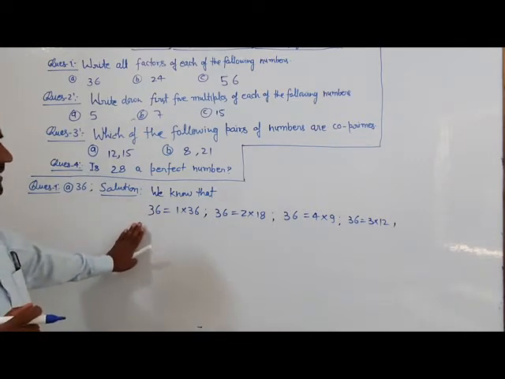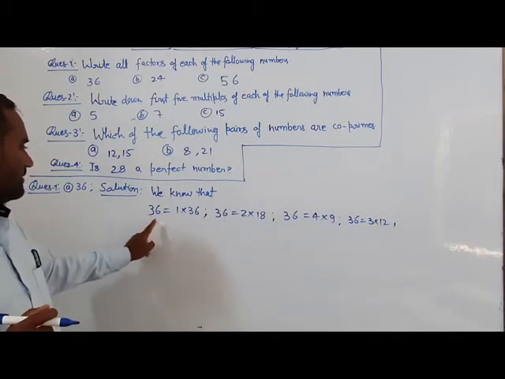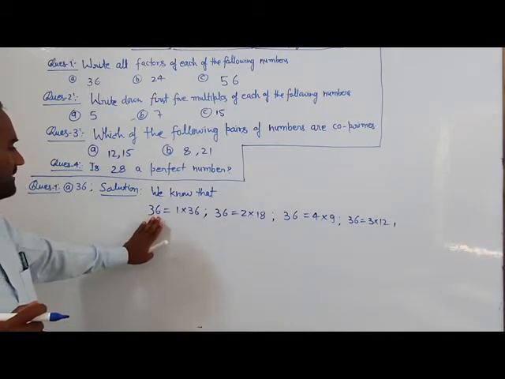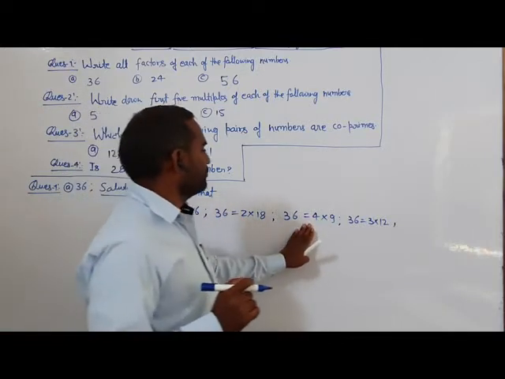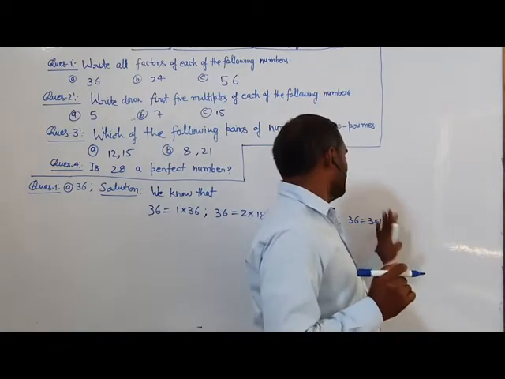In this way, we factorize 36. We can write 36 as 1 into 36, 2 into 18, 4 into 9, and 3 into 12.